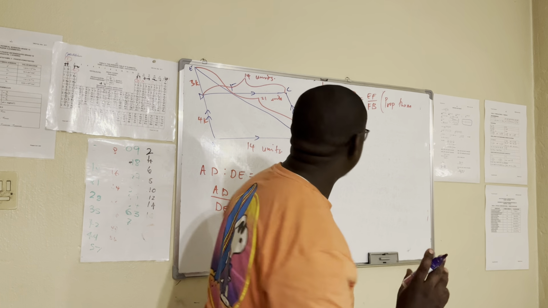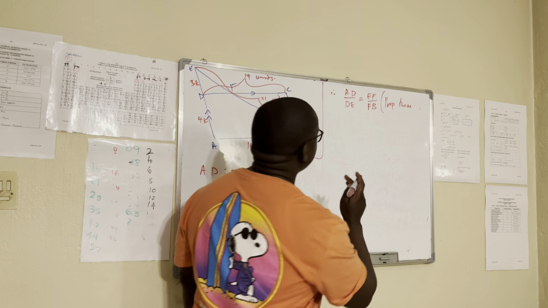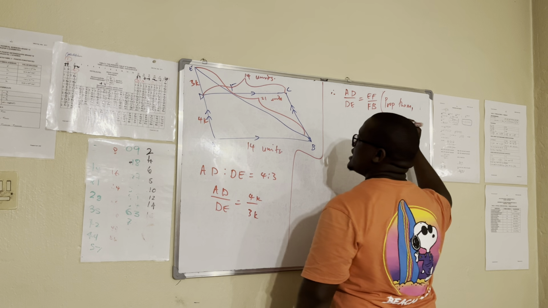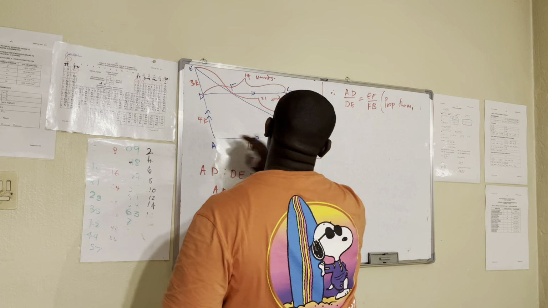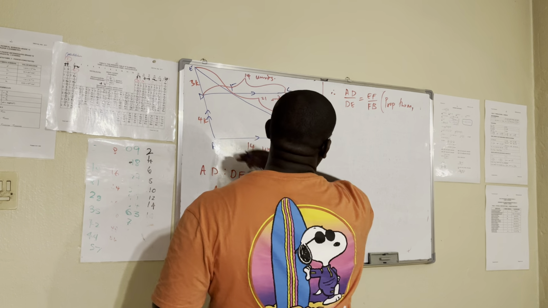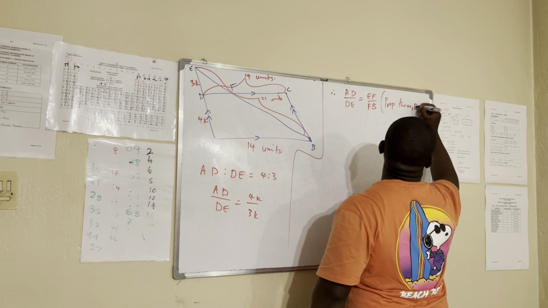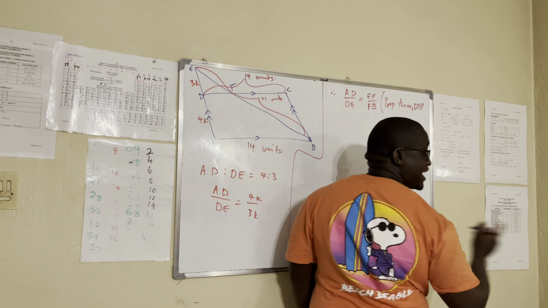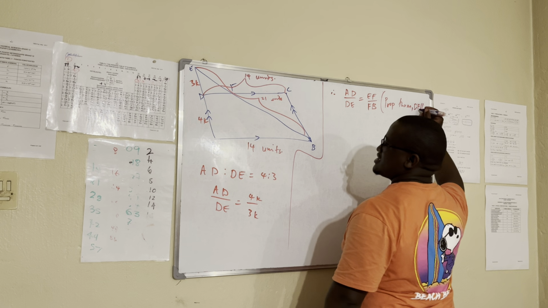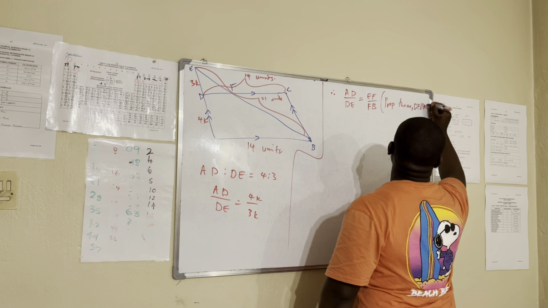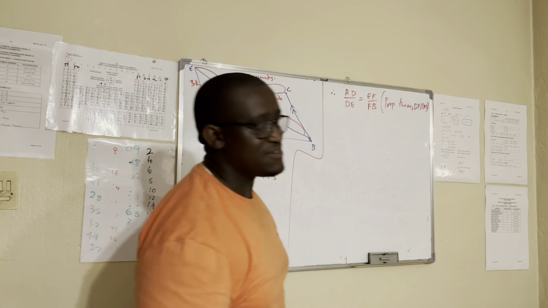In your proportionality theorem, you should include the lines that are parallel: you can either say DF parallel to AB or DC parallel to AB.